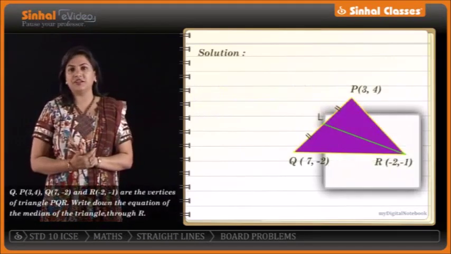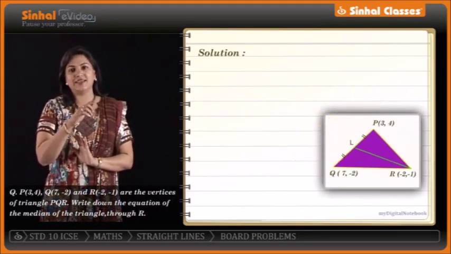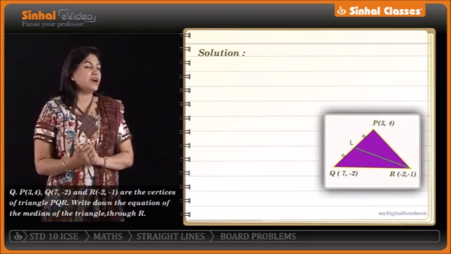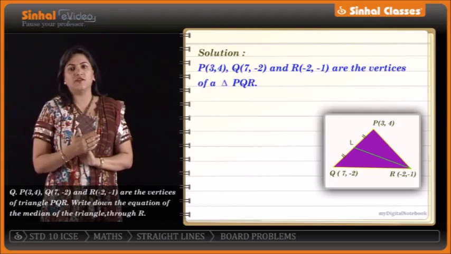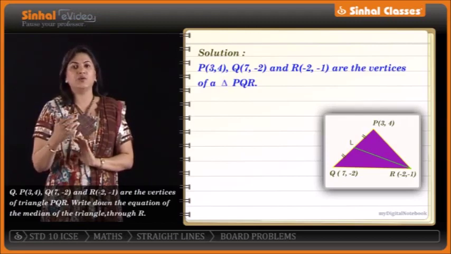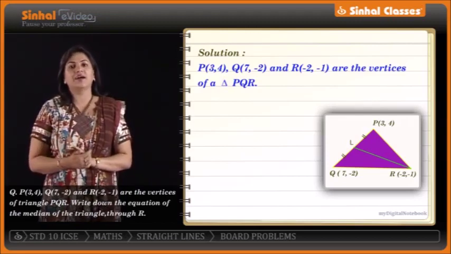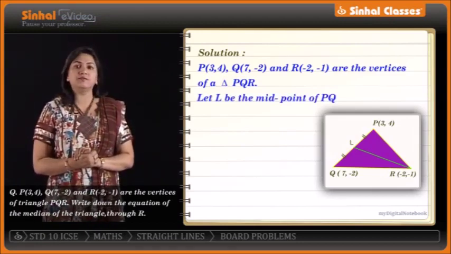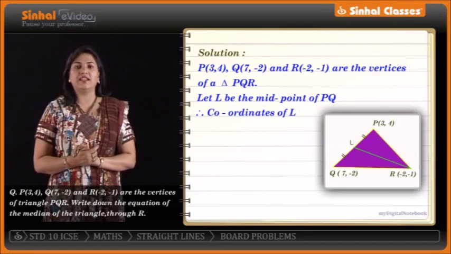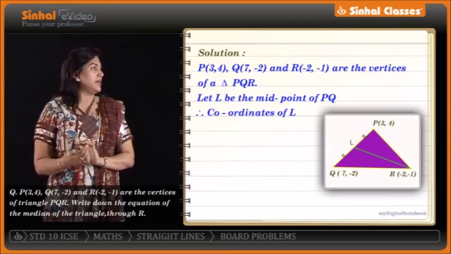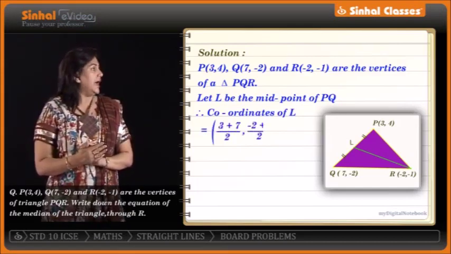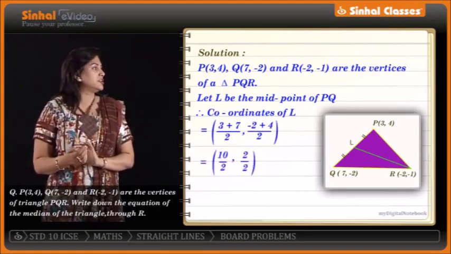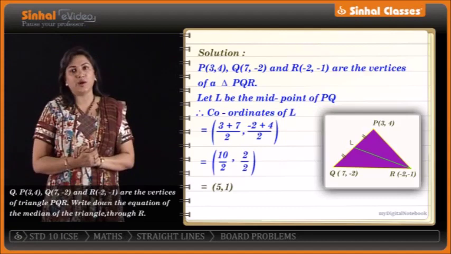Now we know the property of a median. It divides the line into 2 equal halves. Now we are given the coordinates of the points P, Q, R. We mark L as the midpoint of PQ. So the coordinates of L will be (3 plus 7) upon 2 and (-2 plus 4) upon 2, which is (5, 1).